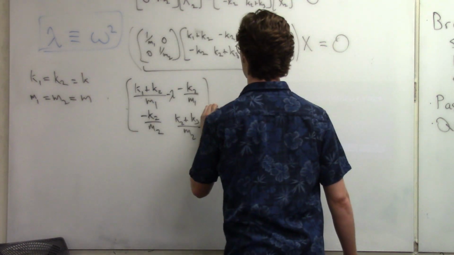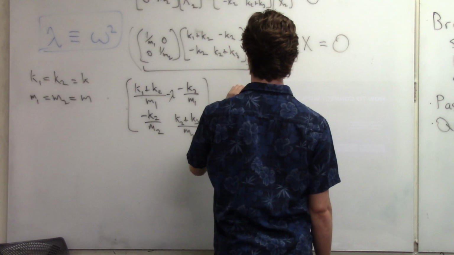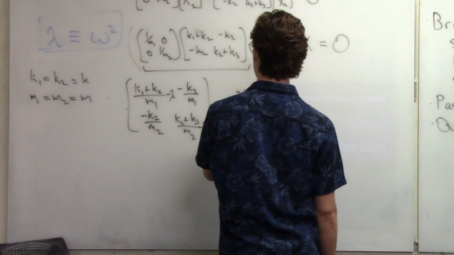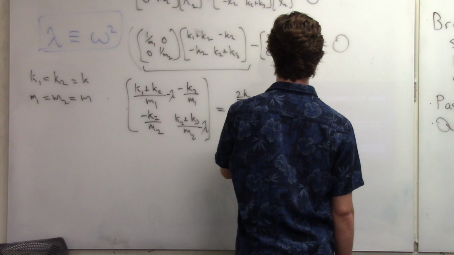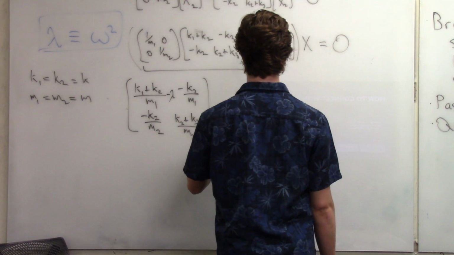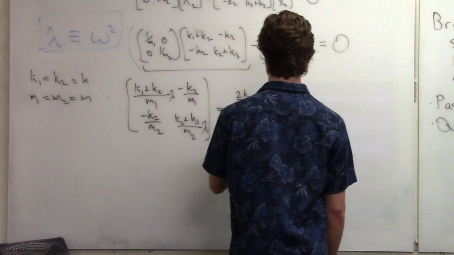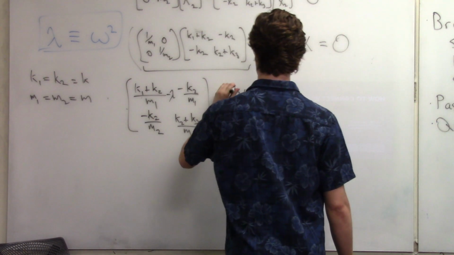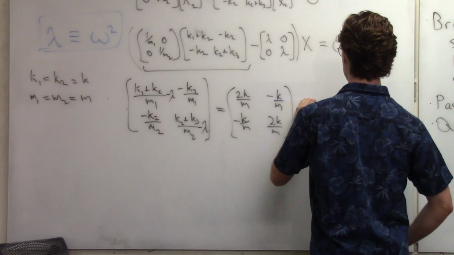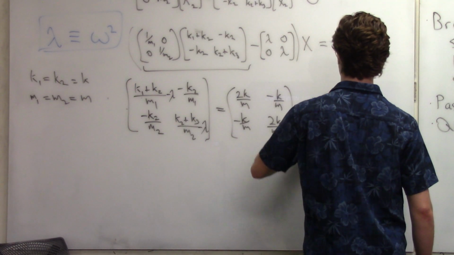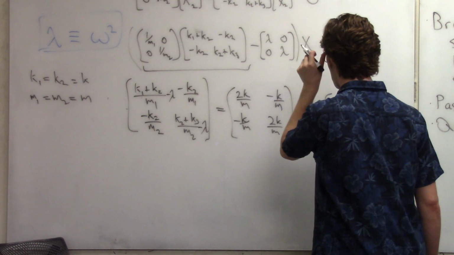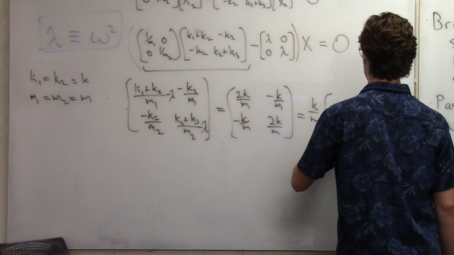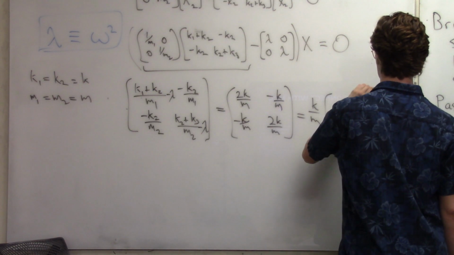So this is going to be equal to 2K over M. This is going to be equal to negative K over M. This will be equal to negative K over M. This will be equal to 2K over M. When we do that, it's just going to be K over M times the matrix 2, minus 1, minus 1, 2.